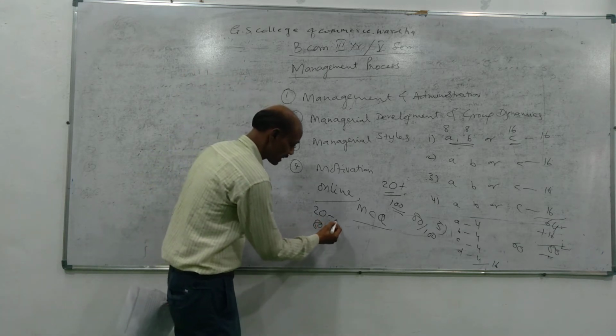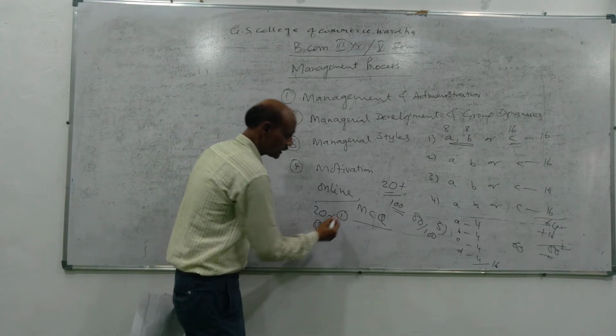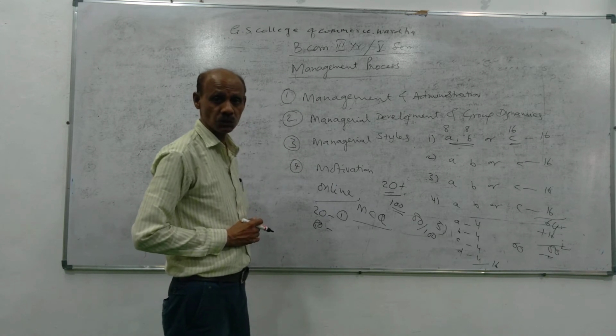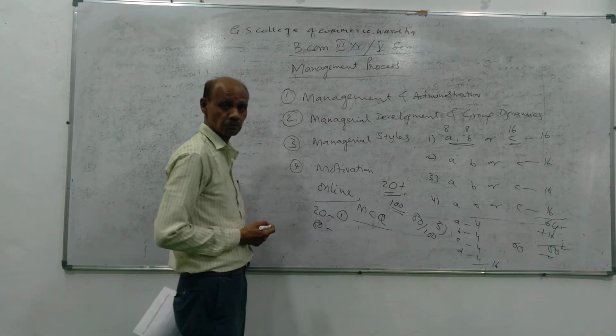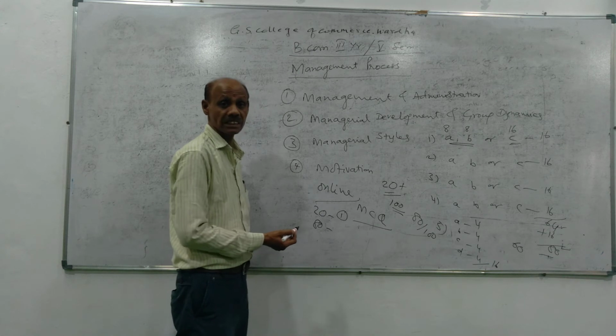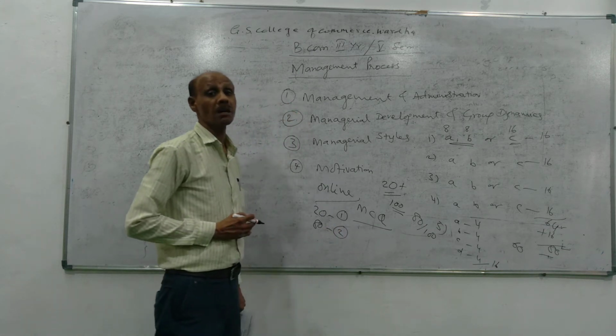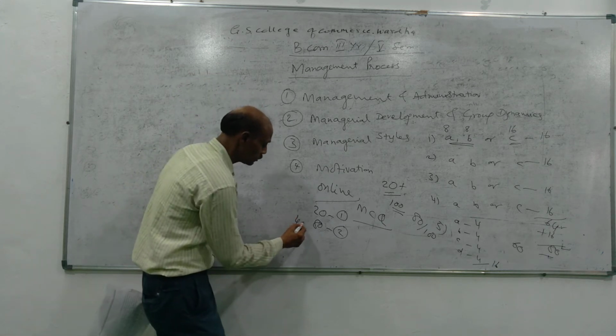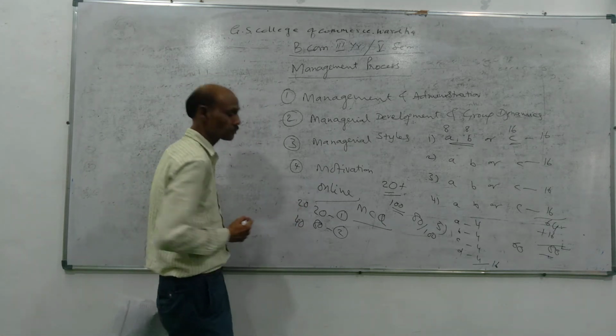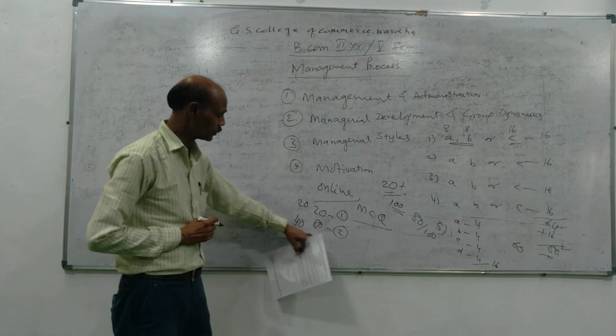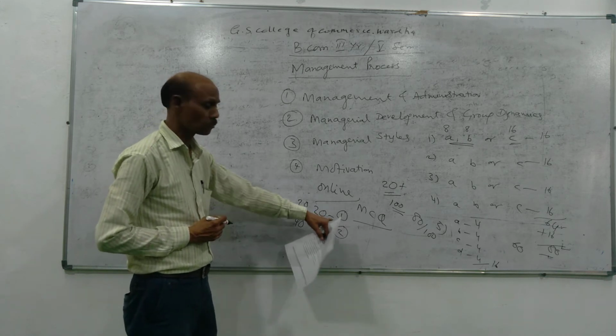In the case of 20 marks, each question of 1 mark will be given. In the case of the 80 marks external MCQ examination, each question will be of 2 marks. So here 40 questions will be given, there 20 questions. So 40 into 2, 80 marks, 20 into 1, 20 marks.